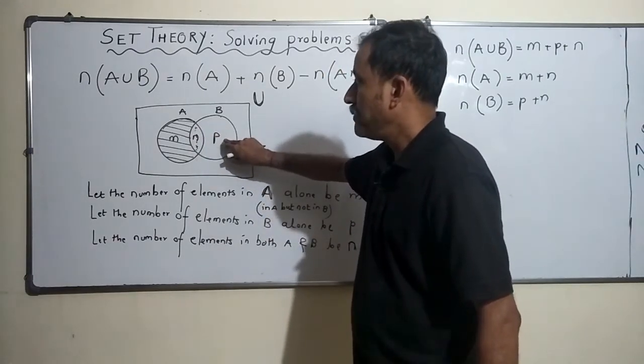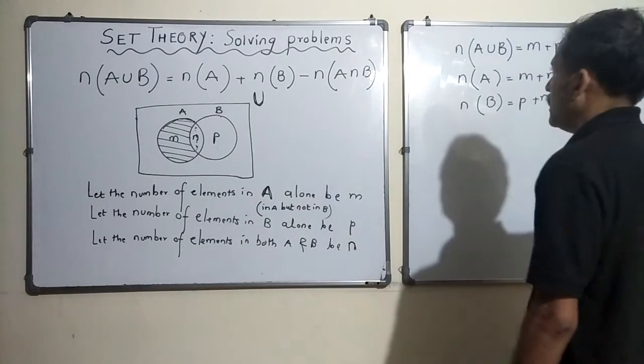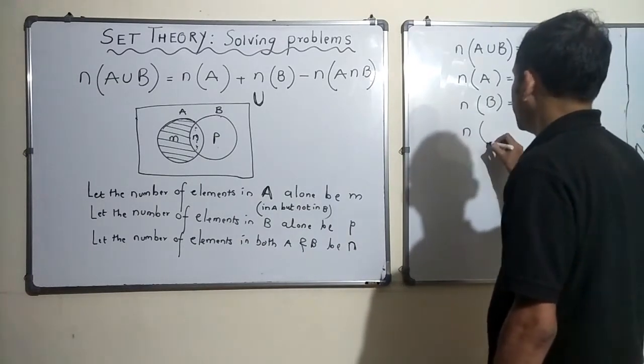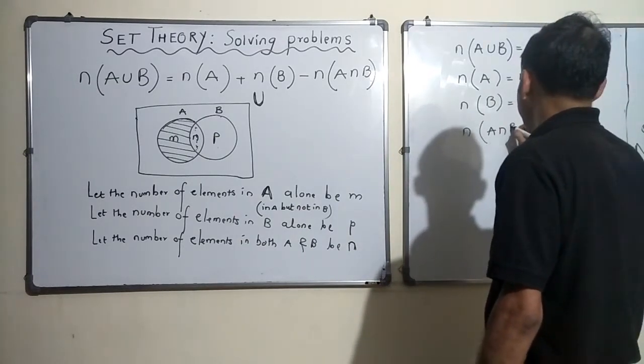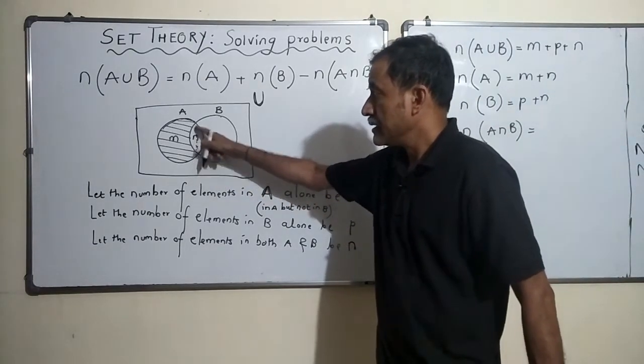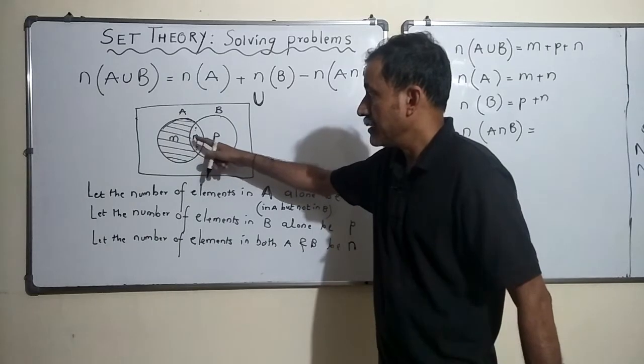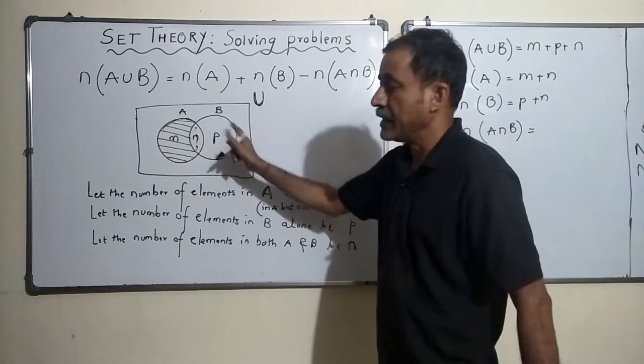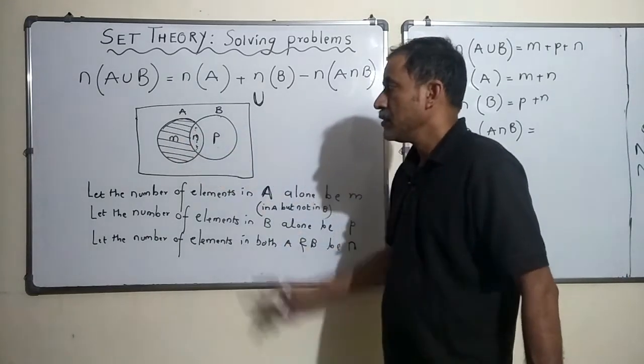So it should be P plus N. And the number of elements in A intersection B is nothing but N, because this is A intersection B. These are the elements which are common to both A and B. Okay, so they are N.